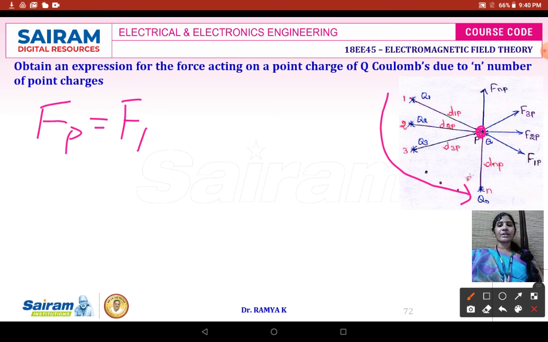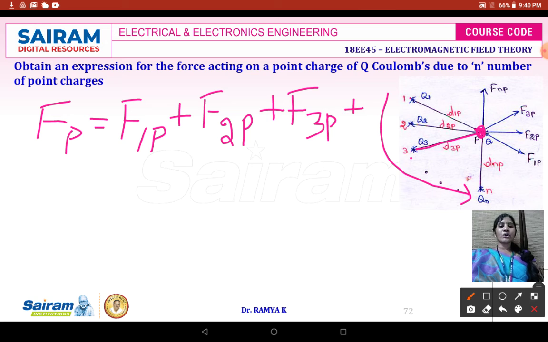So it can be written as F1P plus the force acting at point P due to point charge number 2. The third one, due to point charge 3, one force will be acting at point P. So it will be F3P and it goes on till FNP.